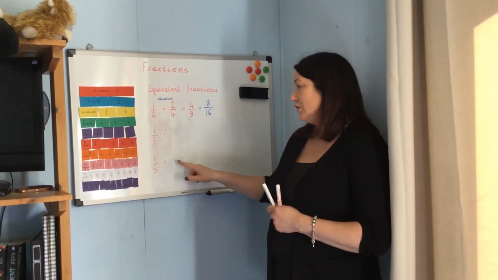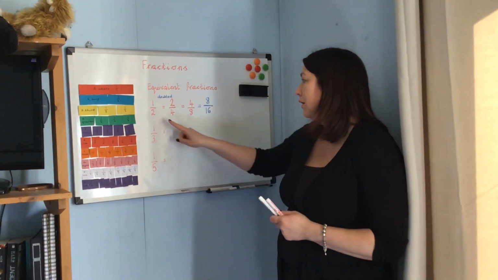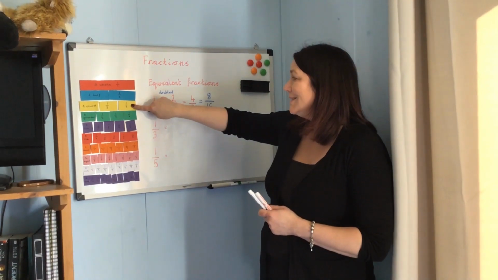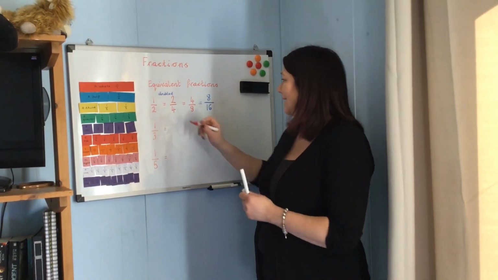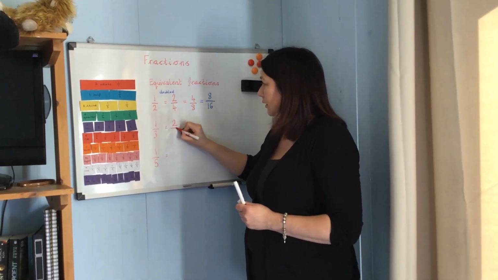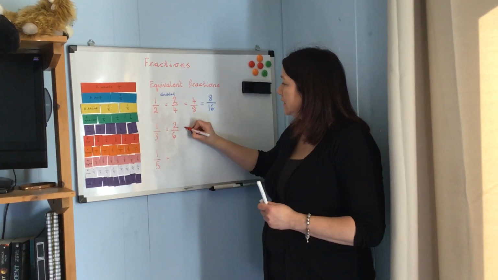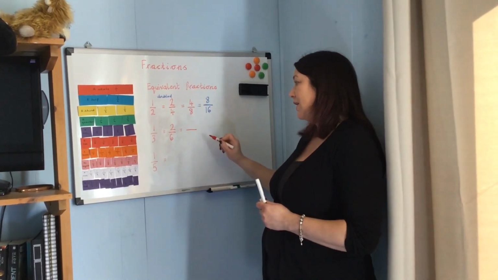If we look at the two fractions underneath, we can see that the same pattern works. 1 over 3, so 1/3, is the same on our fraction board if we look at 2/6. And then we could use that knowledge of doubling to help us work out the next fraction.